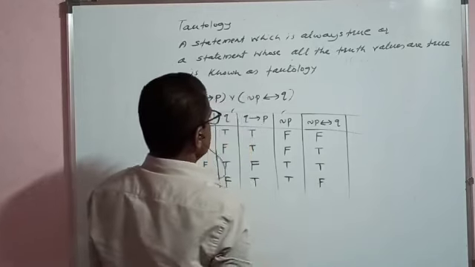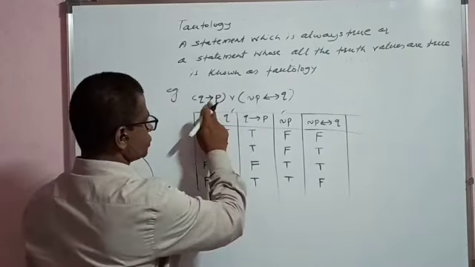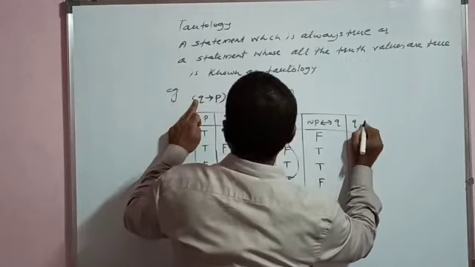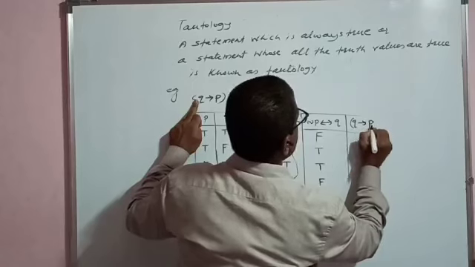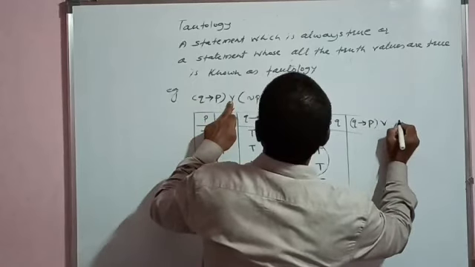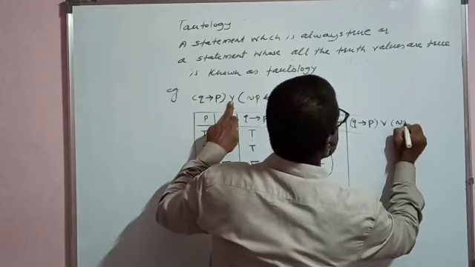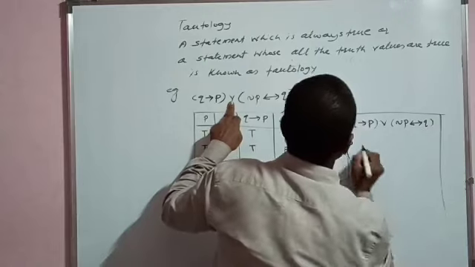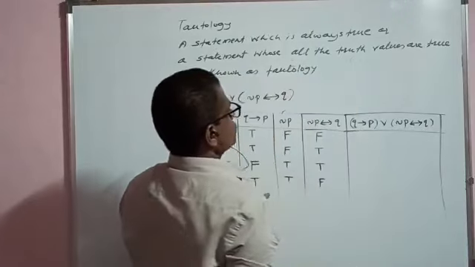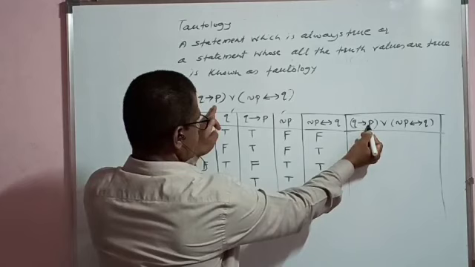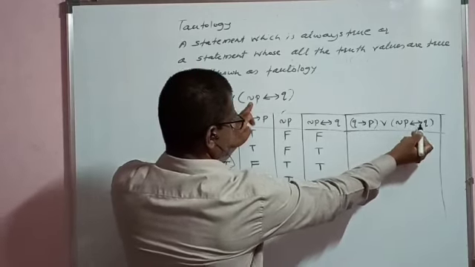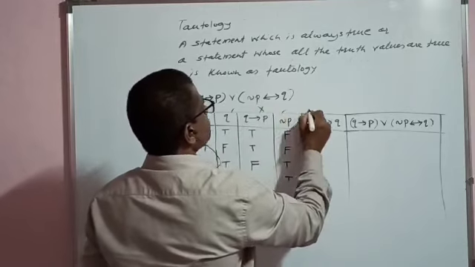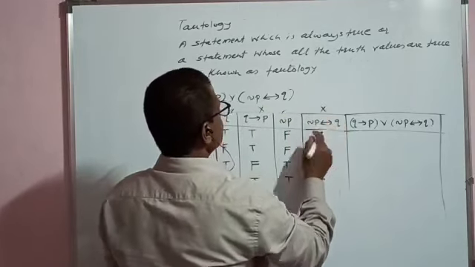F. Now you have to take the disjunction between Q conditional P and negation of P biconditional Q. So the last column is Q conditional P, disjunction, negation of P biconditional Q. You have to take the disjunction between these two columns.